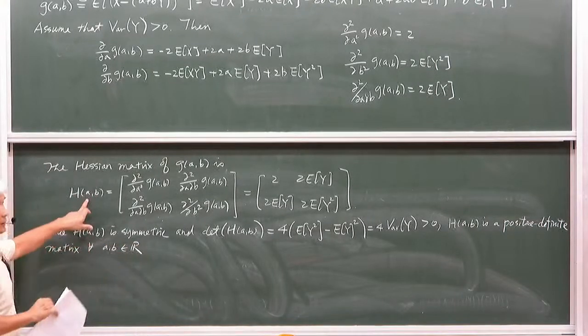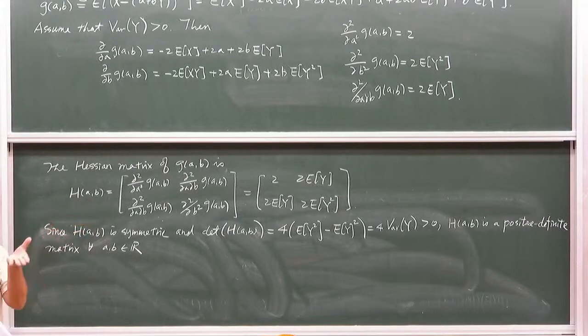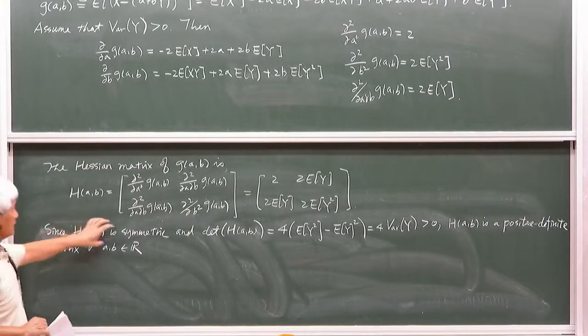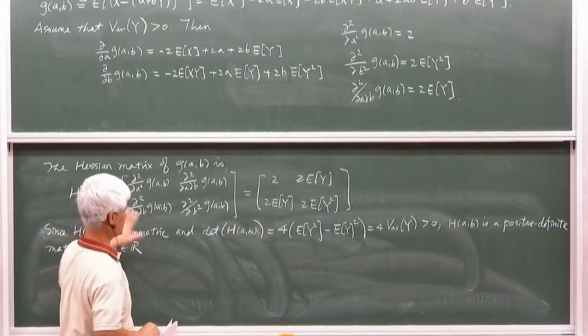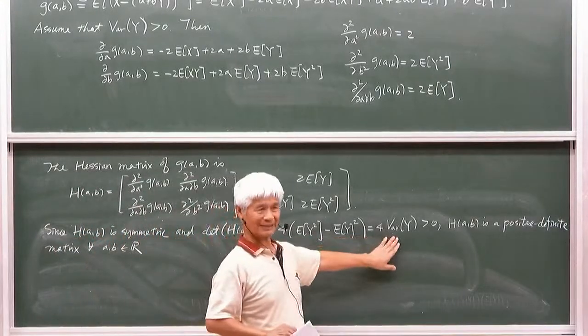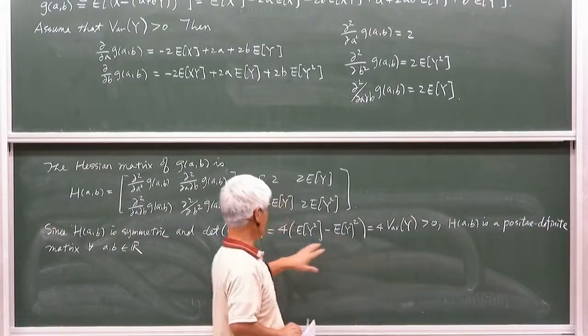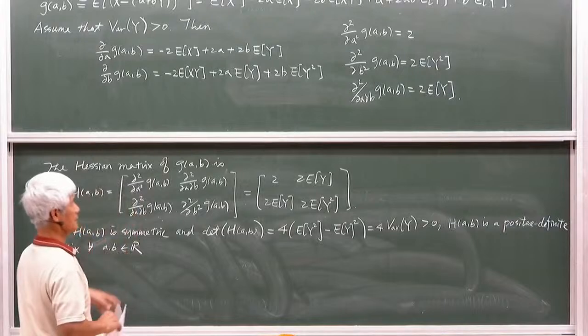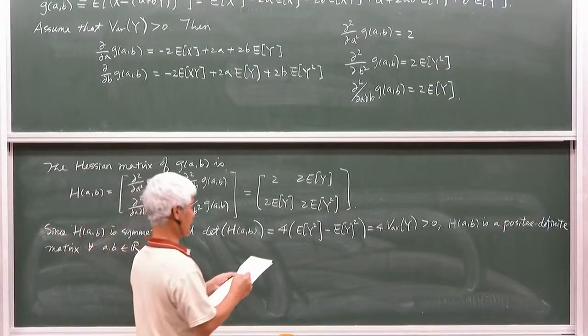For all A, B in R. So for arbitrary A and B, right? A and B can be arbitrary, but the determinant of this Hessian matrix is a positive constant here, and so it's positive definite.